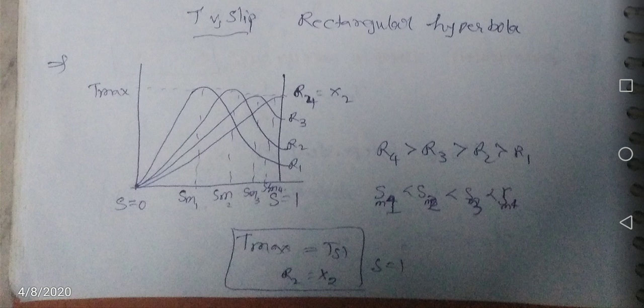Just correct it to proportional to the rotor resistance. Resistance is increasing from R1 to R4, then slip also increases from Sm1 to Sm4.